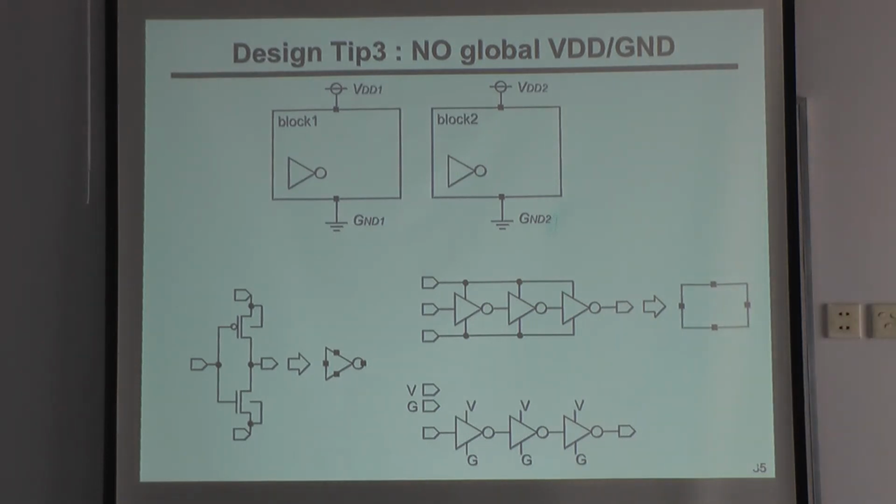And in most schematic entry tools, we can have label connection. Once we put labels like this is VDD and this is VDD, it automatically connects. So you can use this kind of connection. So no global VDD and ground, but you use label connection for VDD and ground.